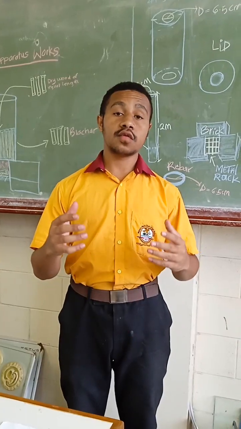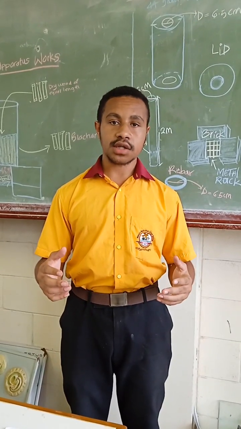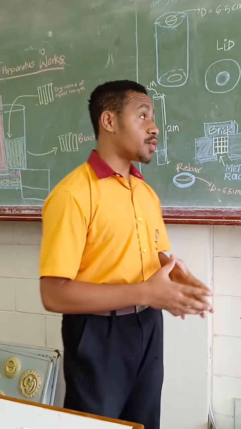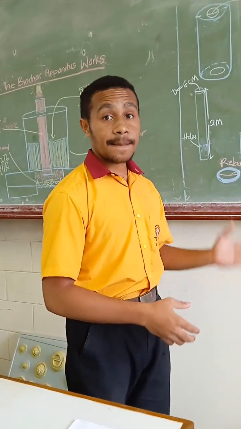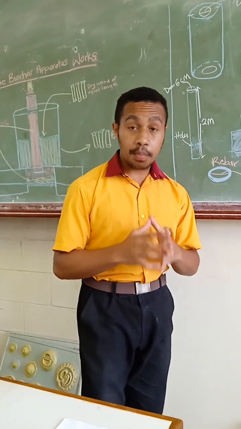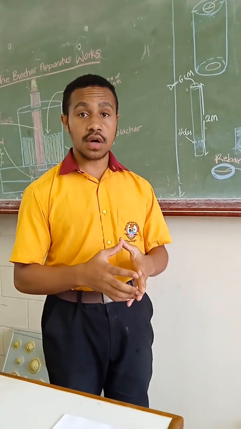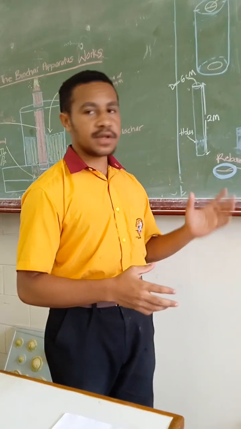So I've already gone through with you the application of the product. Now we're going to go into the process that we take to produce the product and the components of the biochar producing apparatus that we use to come up with the product.